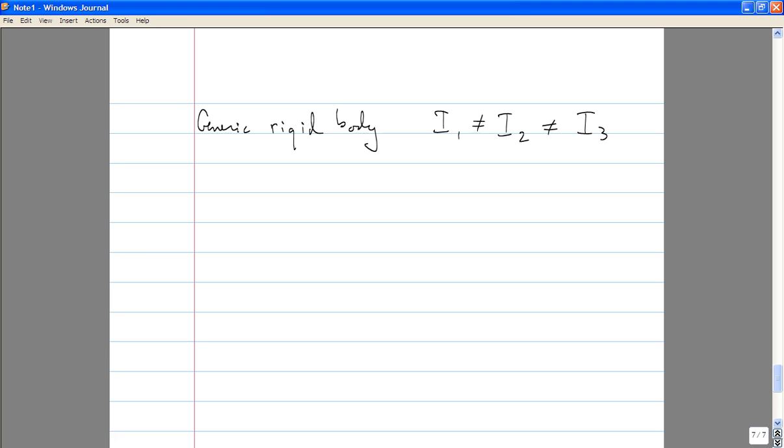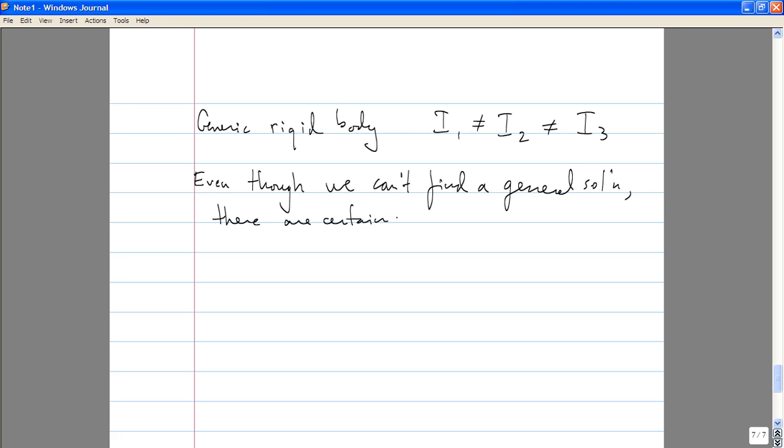So the basic idea is the following. Even though we don't know how to find the general solution, there are certain particular solutions which are easy to find.